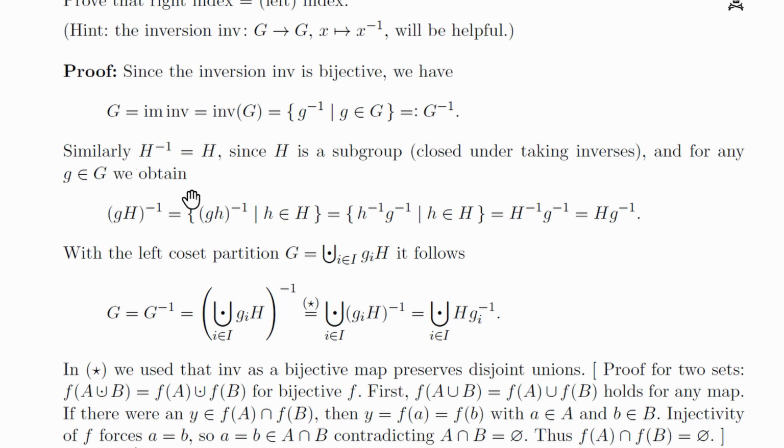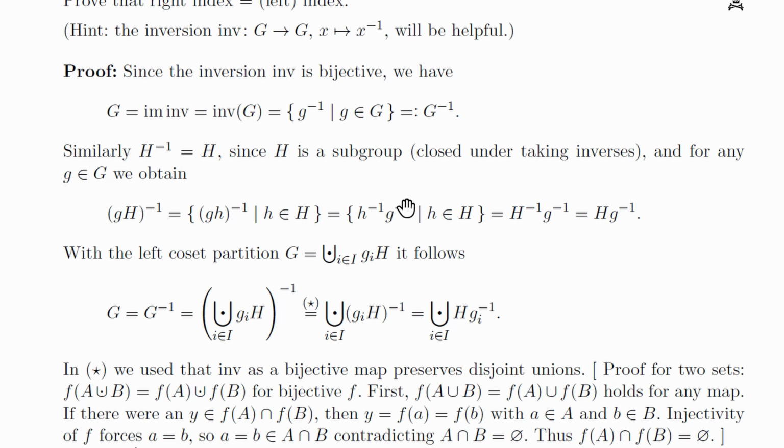Now if I take any left coset, gH, for an arbitrary element g in G, then its inverse, (gH) inverse, is by definition this set here. And now remember, (gh) inverse is h inverse g inverse. This is important if the group is non-abelian.